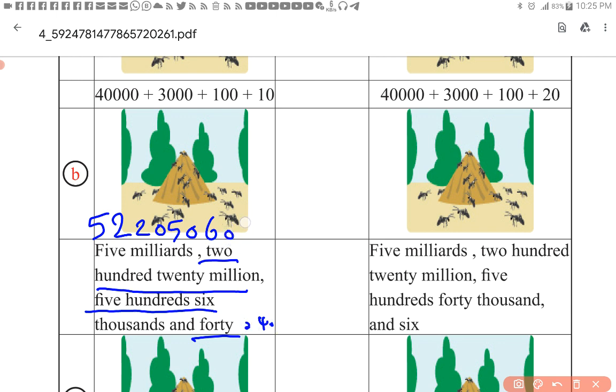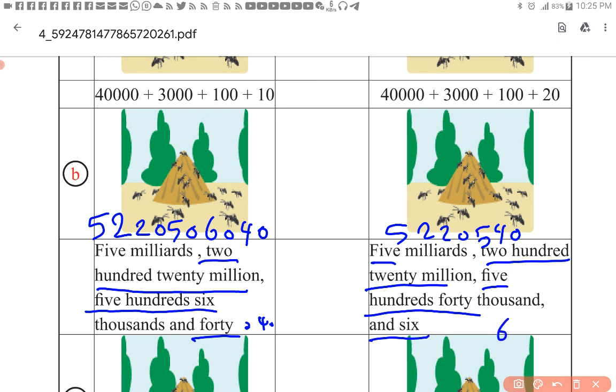So you will put 0, then 40. Here 5 million, then 220 million, 540,000. And 6. 6 is 1 digit, so you need to put 2 zeros at the left.